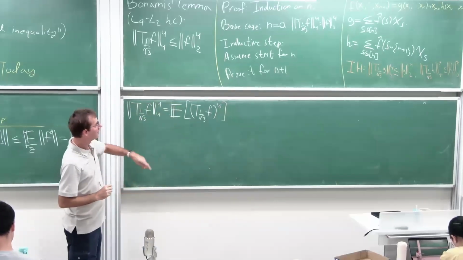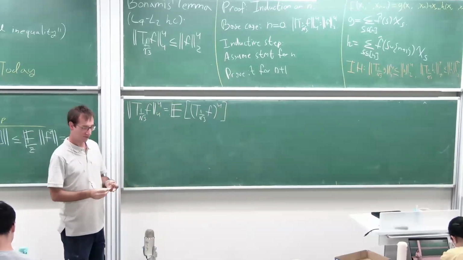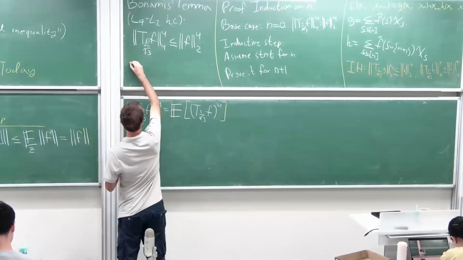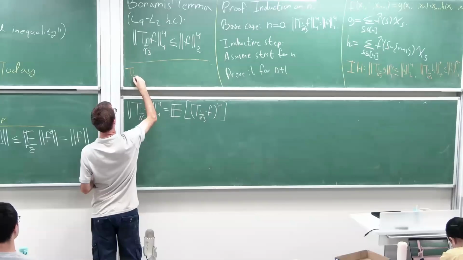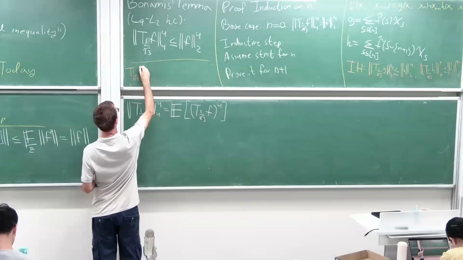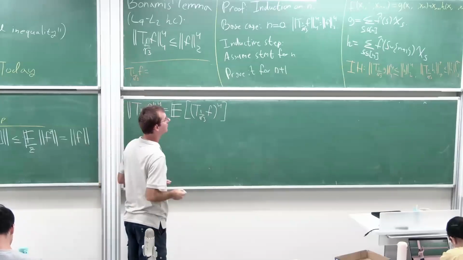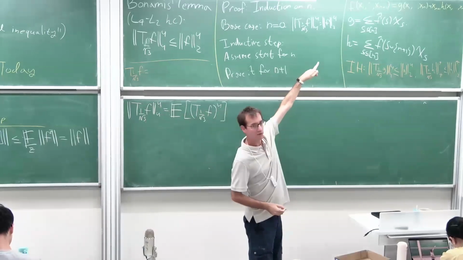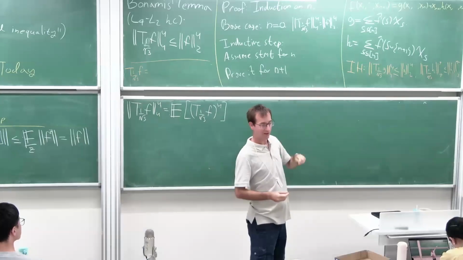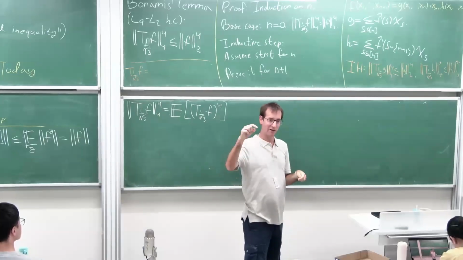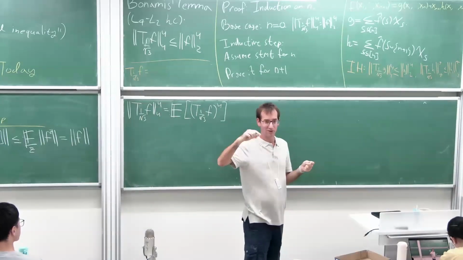Okay, now what's T_{1/√3} f? So I'll write it here. If you look at the yellow formula, then when we apply this T_{1/√3}, it's like multiplying every variable by rho, where rho is 1 over square root 3.